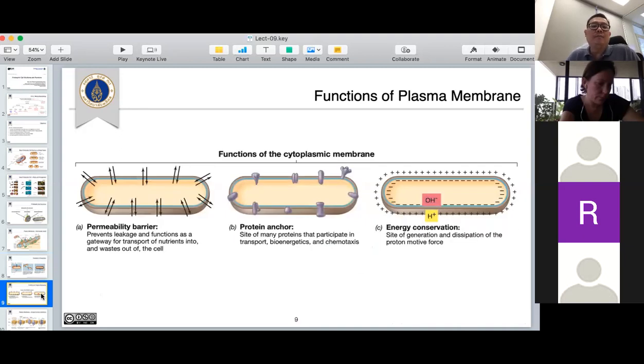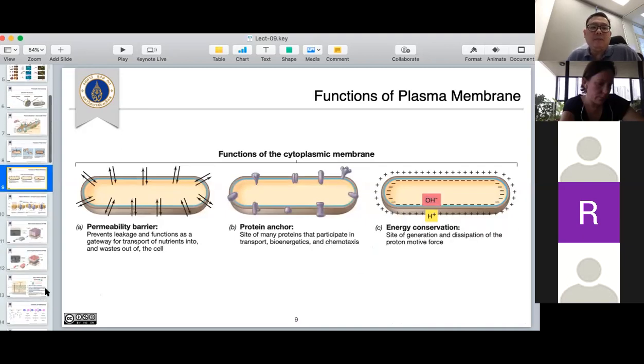The main function of the plasma membrane is permeability. It selects some substances to move in and move out. If some substance cannot move directly by diffusion across the membrane, they need some protein, okay? And also these proteins are not just channels for pulling something in and getting something out.